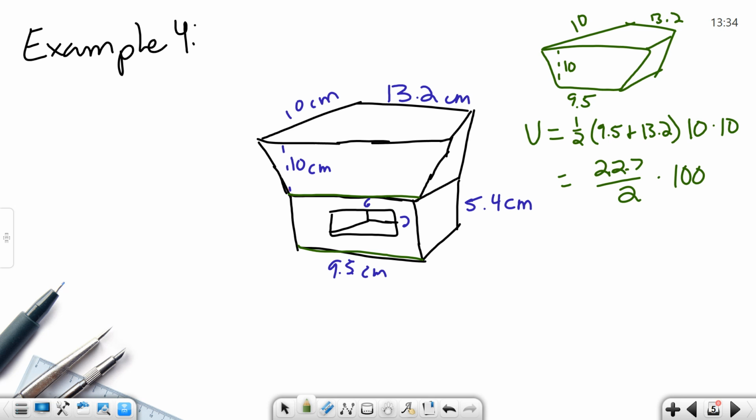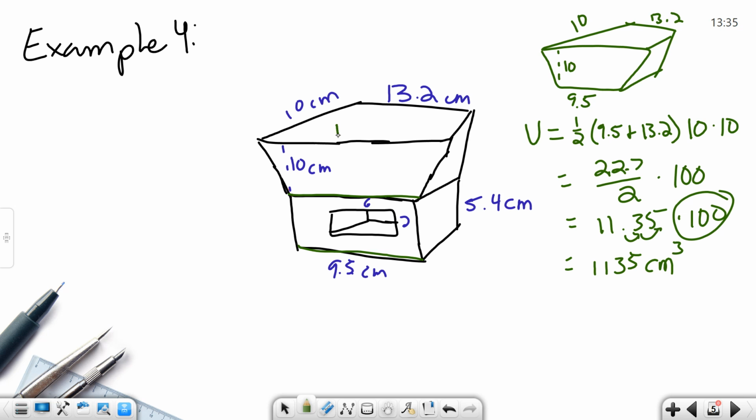Because it's multiplication, we can multiply in any order. Divide this by 2. That gives me 11.35 times 100. And what we've learned early on in the course was that when you multiply by 100, you move your decimal point back 2 places, centimeters cubed.